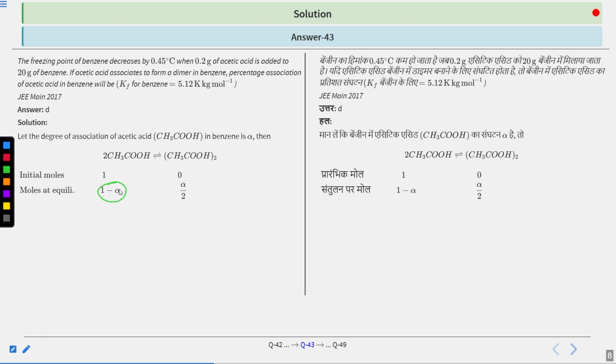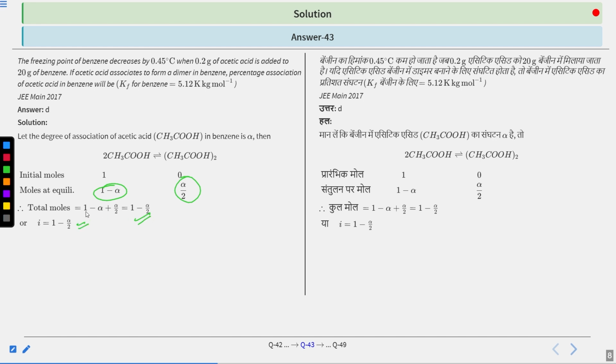Now if alpha molecules are broken, how many molecules of the dimer will be formed? 2 moles form 1, so 1 mole will form 1 by 2, or in this case alpha will form alpha by 2. Now the total number of moles will be 1 minus alpha plus alpha by 2, which equals 1 minus alpha by 2.